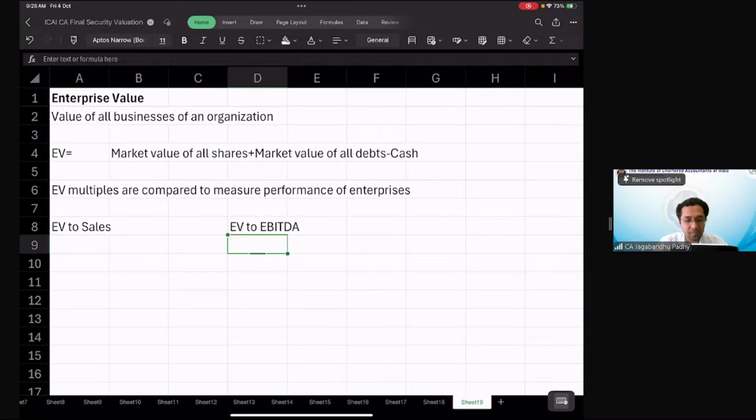Okay. So we simply compare these multiples to evaluate which of the companies have greater value and which have lesser value. Now, of course, to do this, let's try to solve a practical problem.